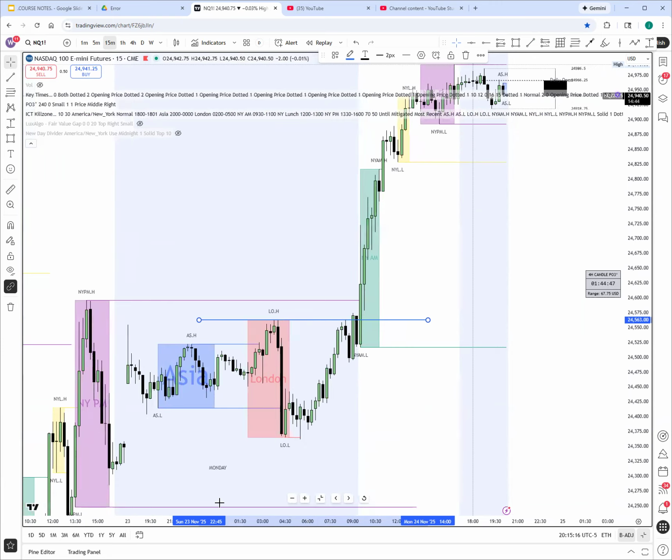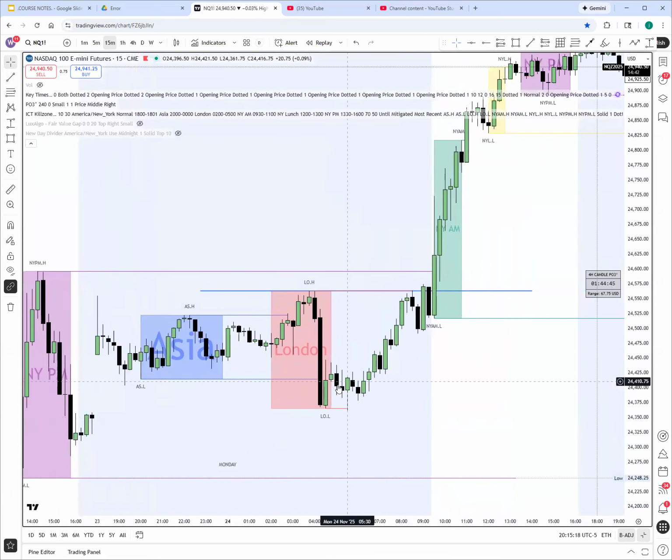So right here, if we dig into this price a little bit, you see we have London high and London low. And this candle here is outside of London, but you see what we end up doing. We're outside of London. We end up sweeping this London low. Typically when we sweep a London low, we are thinking price could turn around and come up into that London high.